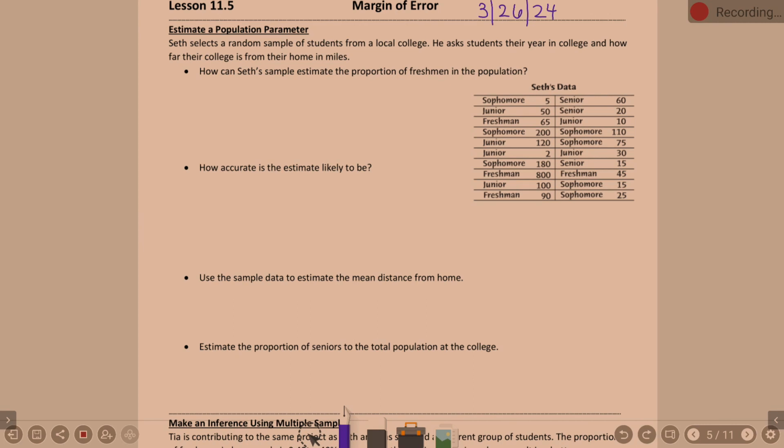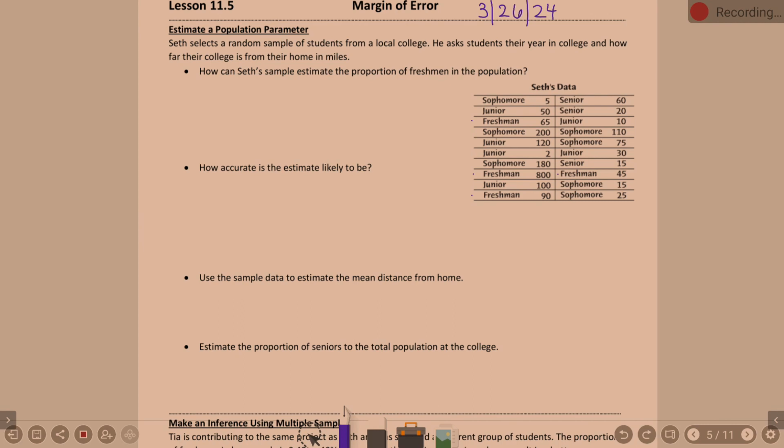Depending on what kind of sample he found, whether he did a truly random good sample or whether it wasn't a very good sample, will depend on whether or not it's a good representation. So what do you notice here about freshmen? There's only 4. Okay, so 4 freshmen.